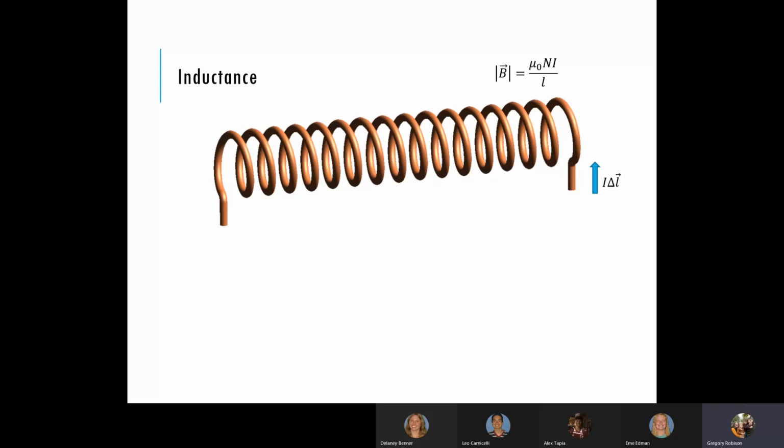Number of loops, and L being the length of the solenoid. And so big N, I'm using number of loops and the length of the solenoid rather than the turn density. So I have an expression for the magnetic field inside a solenoid.